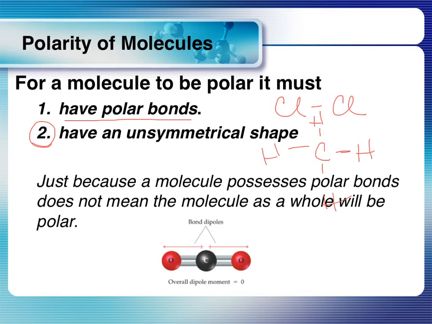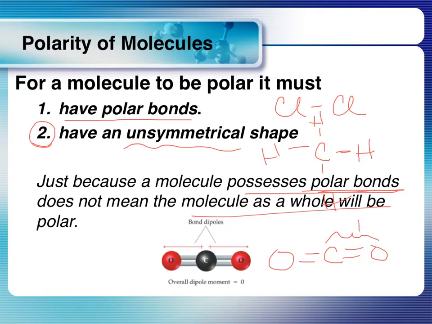The molecule must have an unsymmetrical shape, at least with respect to one plane, in order to be polar. So just because a molecule has polar bonds doesn't mean the molecule as a whole will be polar. Carbon dioxide is a really good example. The carbon-oxygen bond is quite polar.